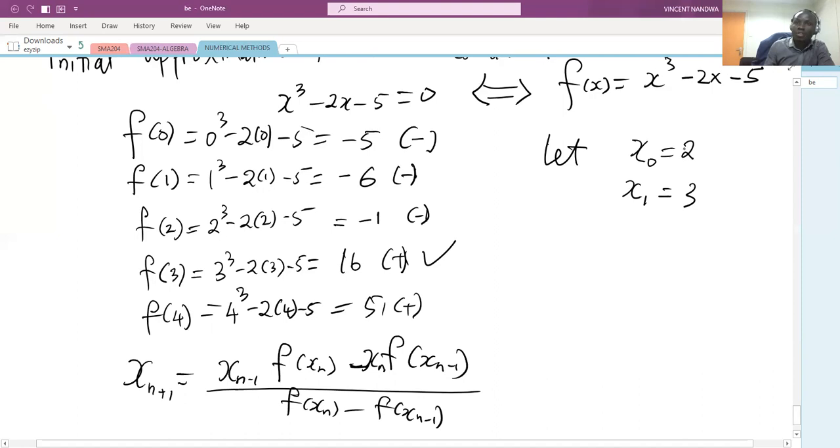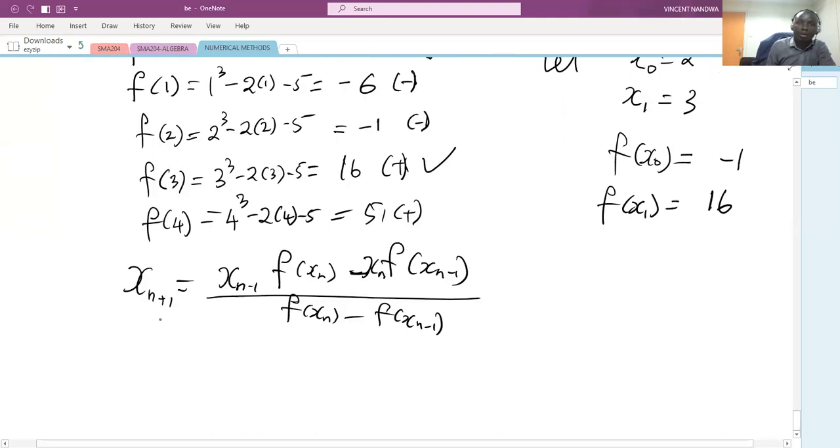Once you have x0 and x1, find the value of the function at x0. When we put in 2, our answer was minus 1, and when we put in 3, our answer was 16. Therefore, x2 means n plus 1 equals 2, so the value of n equals 1.